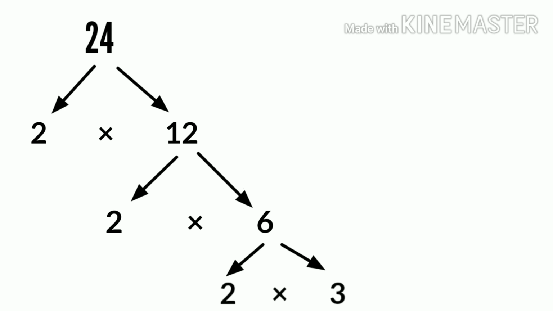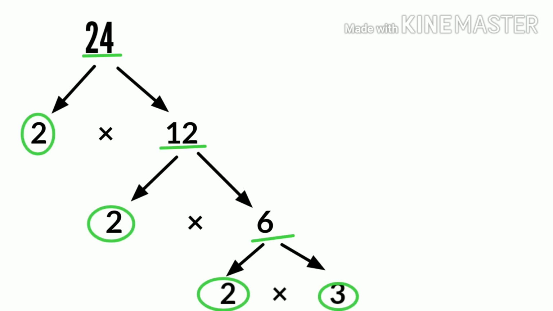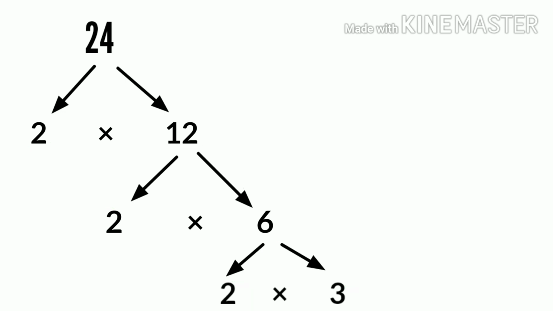Now, the factors of 6 are 2 and 3 and both are prime. So we can stop the process here because we got the prime factors of all the composite factors. So the prime factorization of 24 is 2 multiplied by 2 multiplied by 2 multiplied by 3.